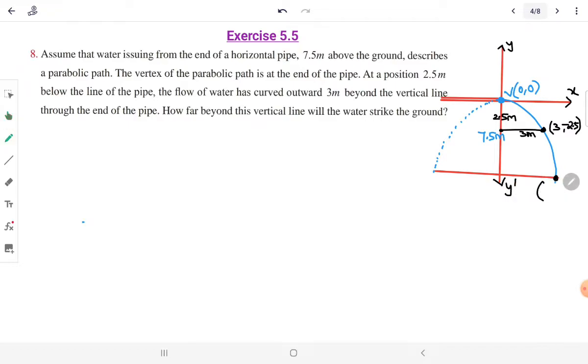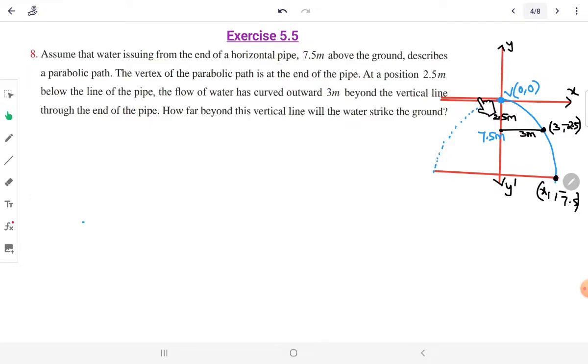So let us consider that x distance as some x1, with y being the total height given, the pipe above the ground, 7.5. So the y distance is minus 7.5. So this distance is the x1 that they asked us to find.